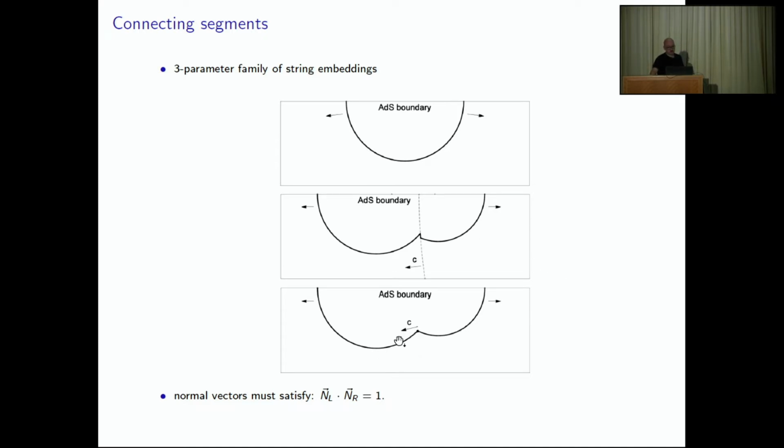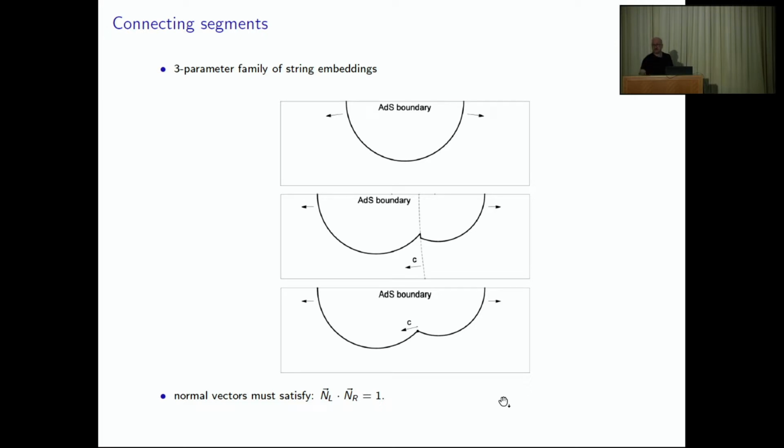So there has to be a constraint for adjacent normal vectors, which turns out to be that the normal vector for this segment and the normal vector for this segment have to multiply to 1. Okay, so that's the rule. And this also implies that this kink here moves with the speed of light.